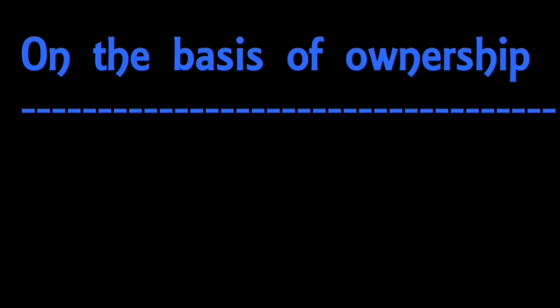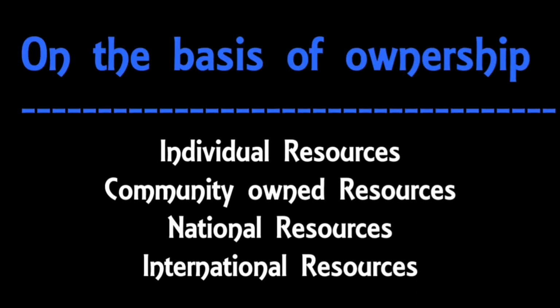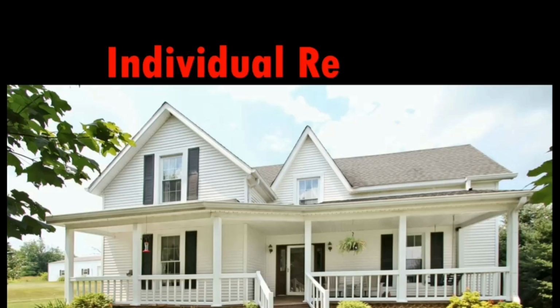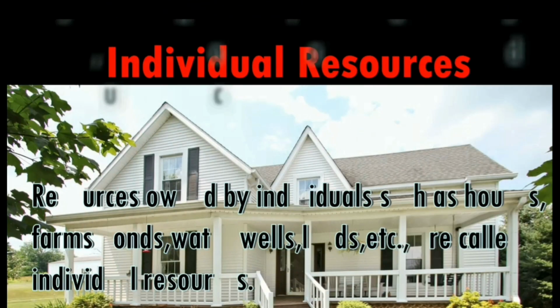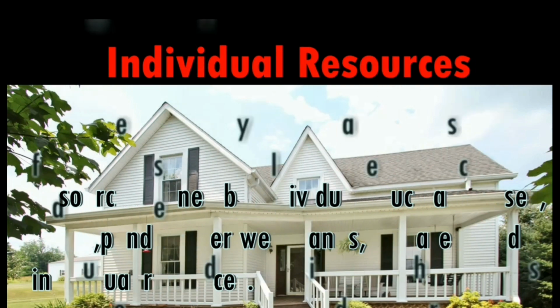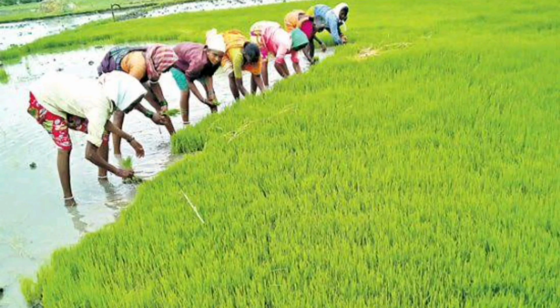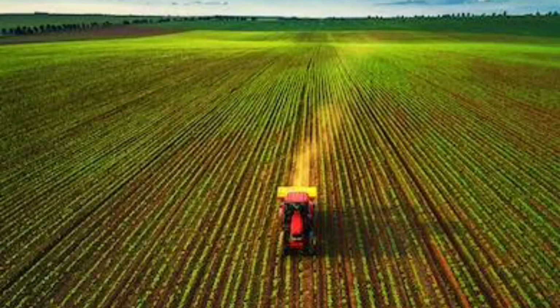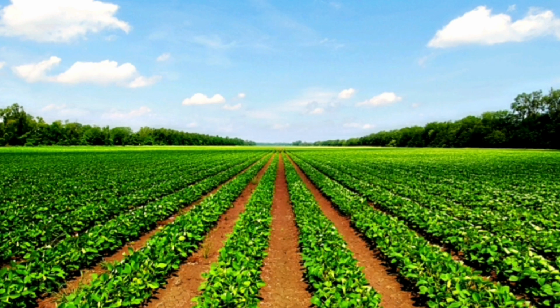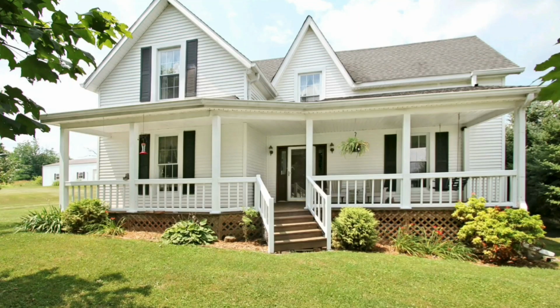Resources can be categorized as individual, community, national, and international on the basis of their ownership. Resources owned privately by individuals are called individual resources. People like us own lands of different types, like farmhouses, cultivable lands, and some own plots, houses, and other properties.